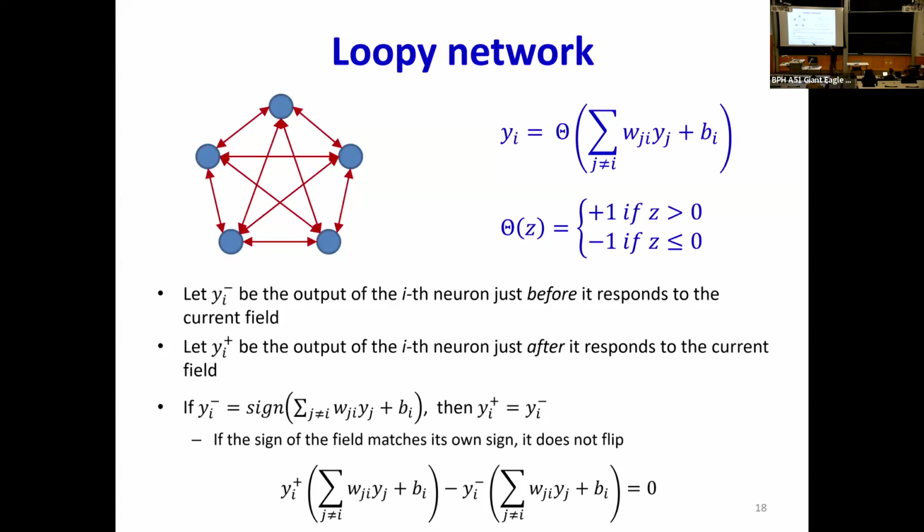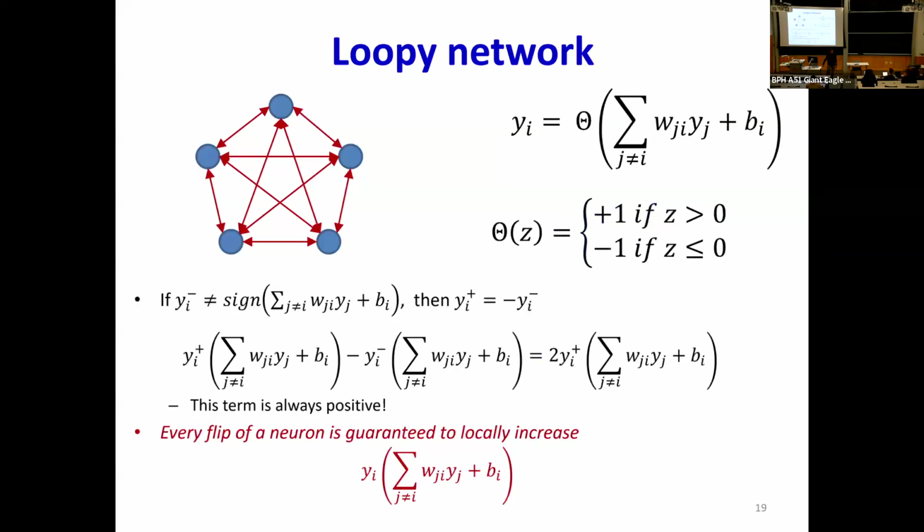This term, we are guaranteed, is positive. If the neuron has not flipped, y minus is the same as y plus, so this term is also positive. Both are in fact identical. This difference is 0. On the other hand, if the neuron has flipped, then we are guaranteed that before the response, the current output and the field were different signs. So this term was negative, this term was positive, and the difference between minus of minus is a positive value.